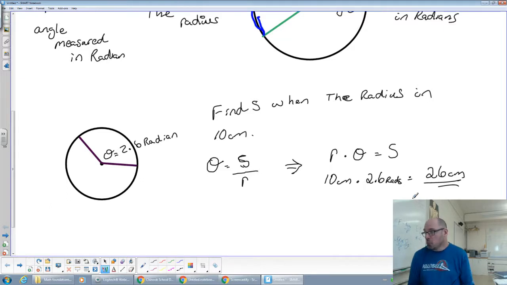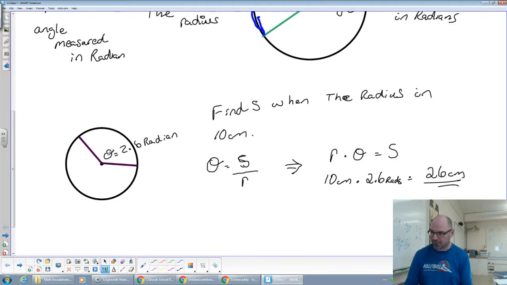Okay. The other relationship that we need to know is degrees. Now we know that in a circle, if we do a whole round around it, it's the circumference of the circle. If we know what the circumference is for a radius of 1, we can figure out how many radians there are in one circle.